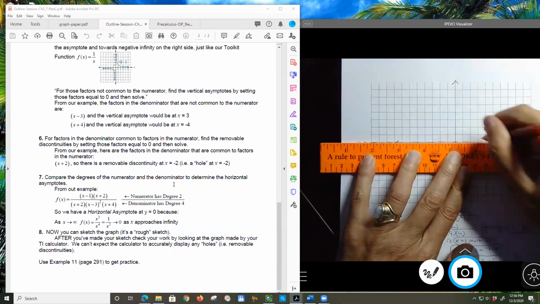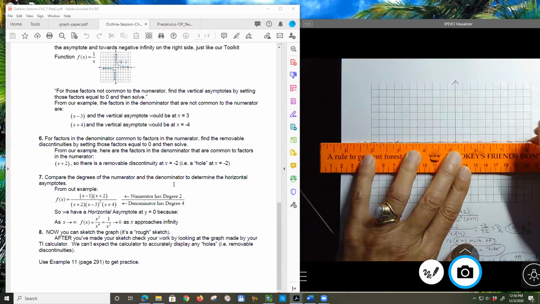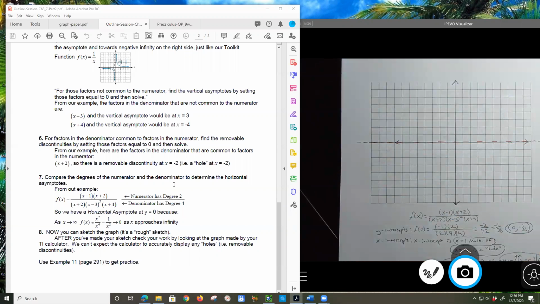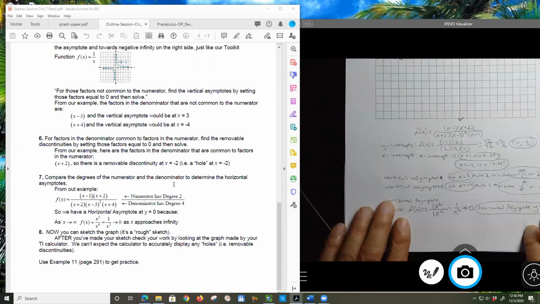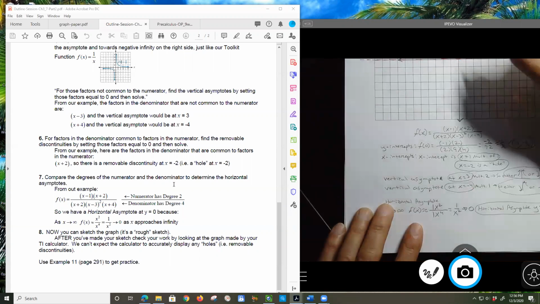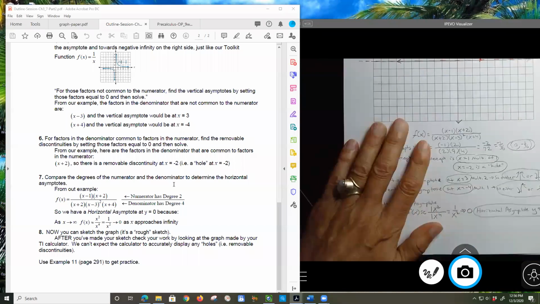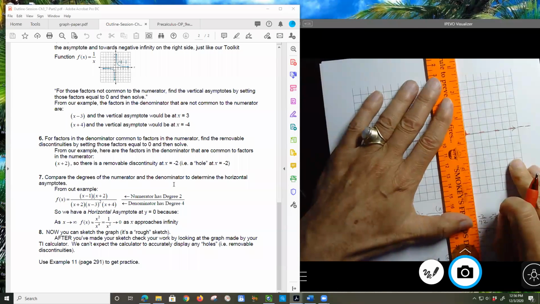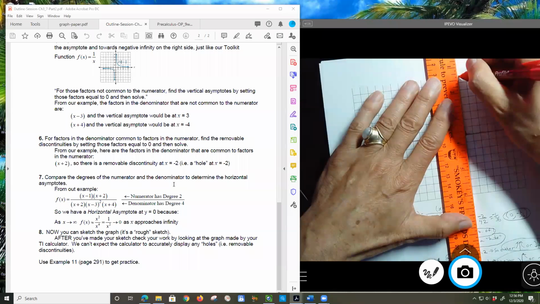And you don't even have to use the fancy graph paper. It just makes it a little easier, a little more festive. Now, let's get those vertical asymptotes. So I've got one at x equals 3. So that's 1, 2. So I've got one right there. So let's put that in. And the red pen really makes them stand out.